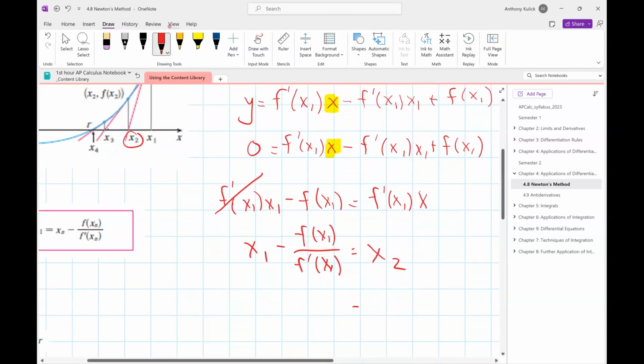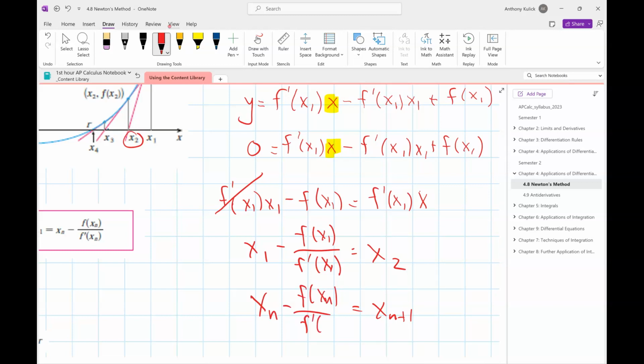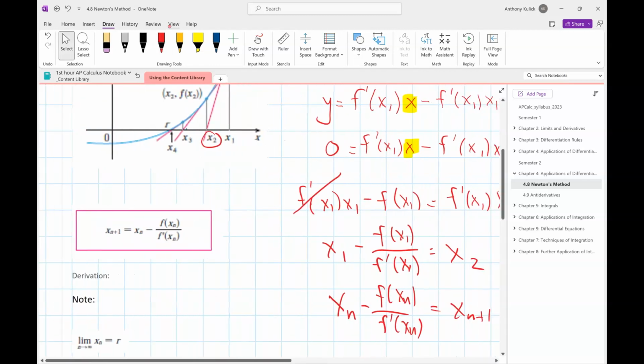So if this is n plus 1, that's n. And we have now the formula we've just given you. That's just me deriving that formula, like a proof. Just showing you where the formula comes from, that it's doing exactly what we just described. When I gave you the outline of what we're doing, it's just me showing you algebraically how we did it. Okay?